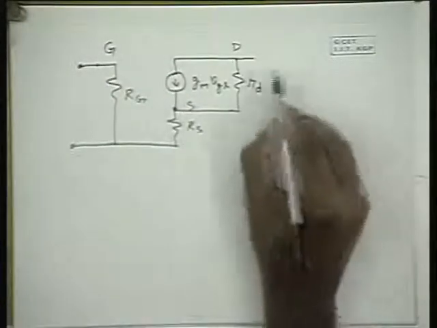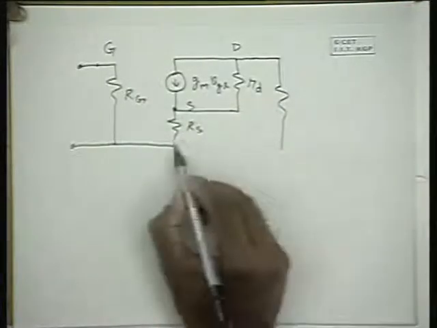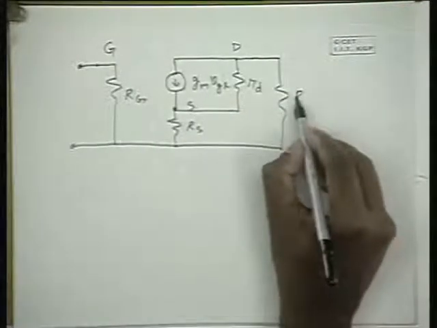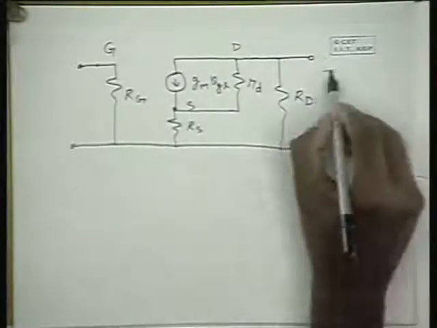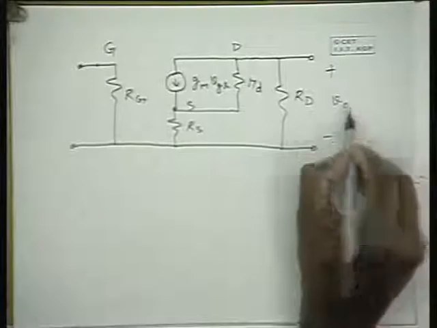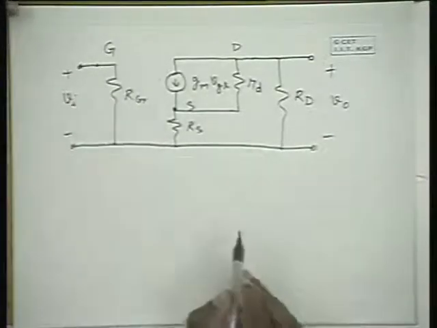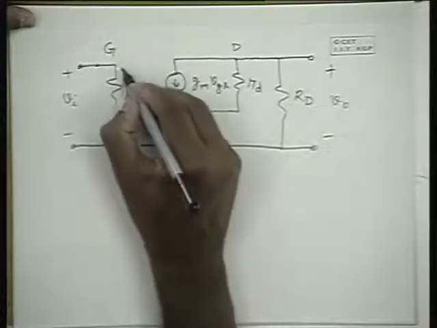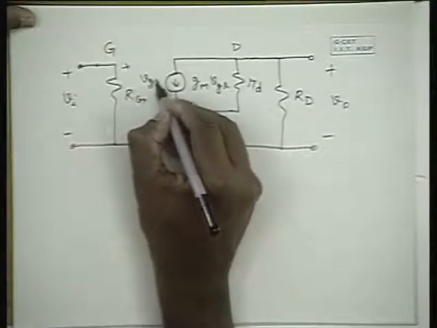So this is the source point, and now between the drain and the ground we have capital RD, and the output is taken across this. This is the input. Now the gate to source potential is this VGS.